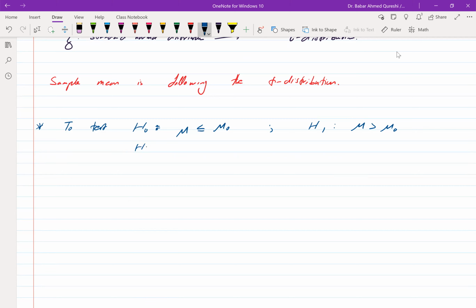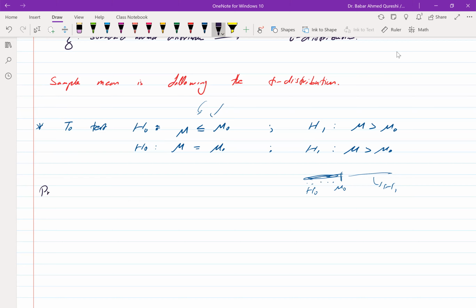Instead of this, your H naught could be that mu is equal to mu naught, and as long as you take the alternate that the mean is greater than this value, the logic would be same, because when you use this, you are just picking the extreme value from these possible values of the means, and this whole range is your H naught, and this is H1. So the logic is same.